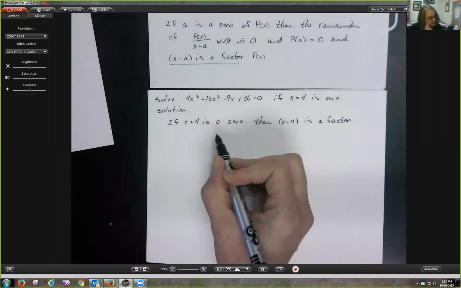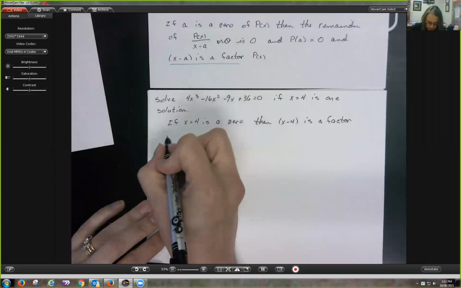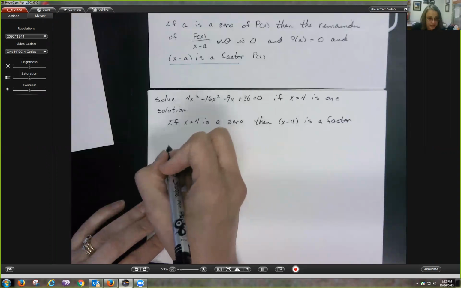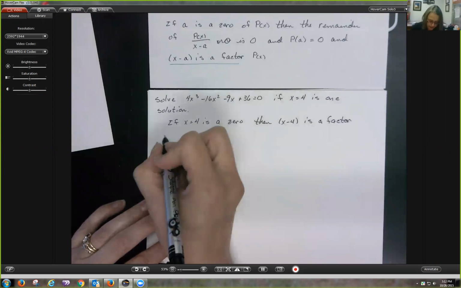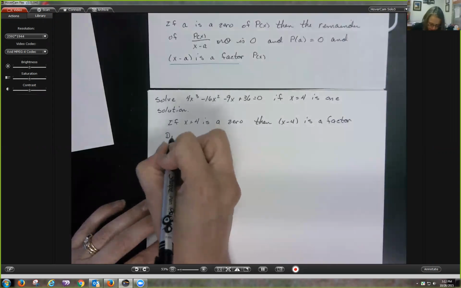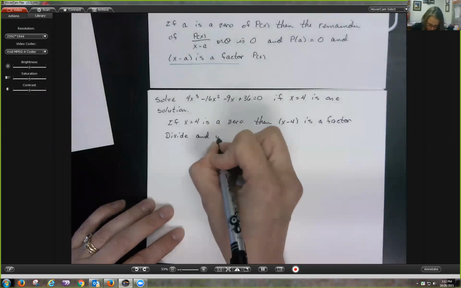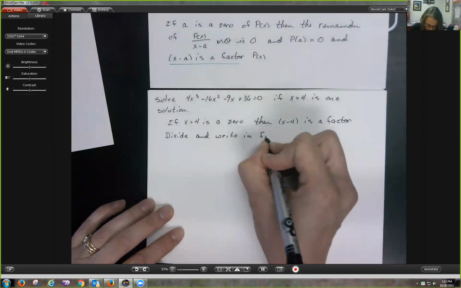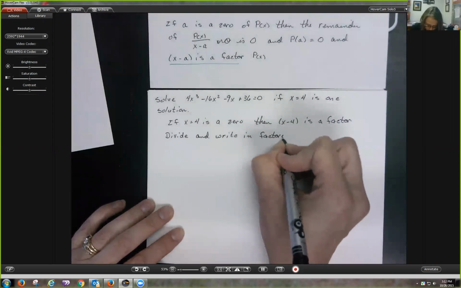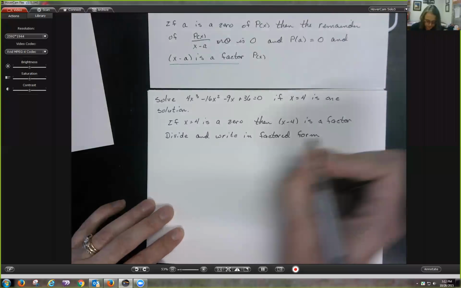So what we can do is divide that out and rewrite our polynomial in factored form.